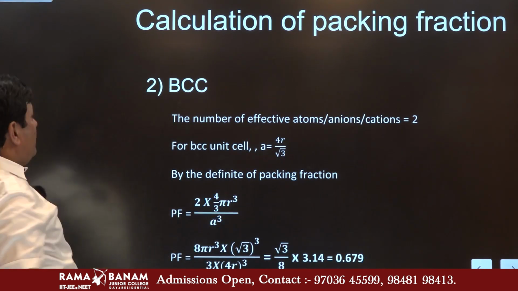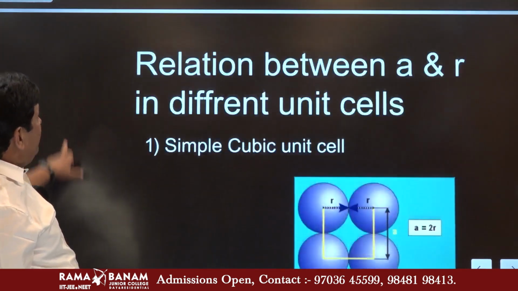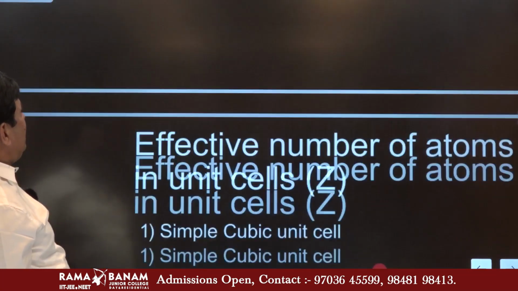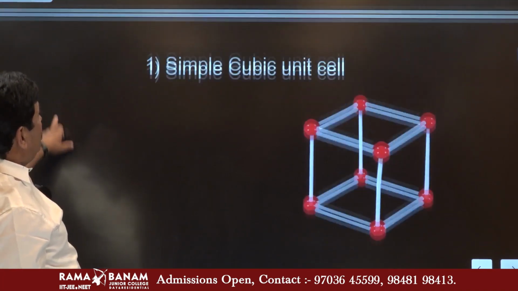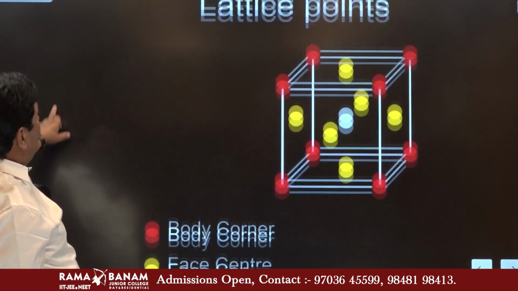So the minimum things required in solid state, we discussed completely in detail all these subtopics. What are the subtopics that we discussed? One more time, just look at the board here.